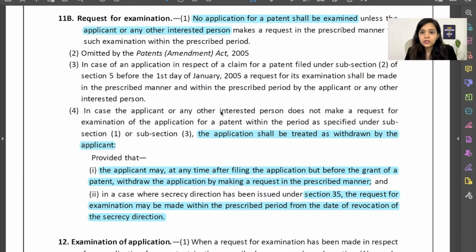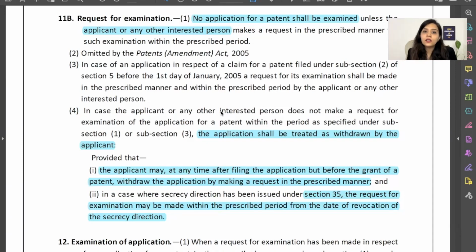So here, an important aspect is who can file a request for examination? An applicant can file, or any other interested person can file a request for examination.